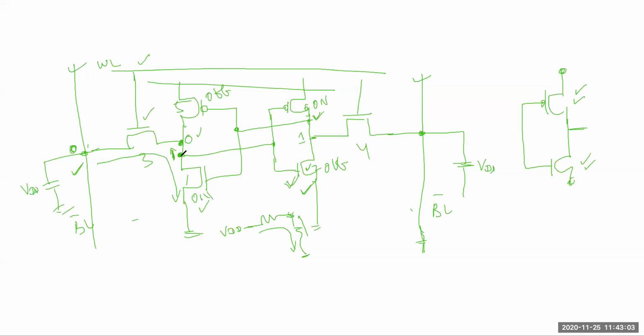So if this point voltage is more than the threshold voltage of this NMOS transistor, then this will be on. This will be on means this will be 0. This will be 0 means this will be 1. It's a positive feedback. So that time it will flip.